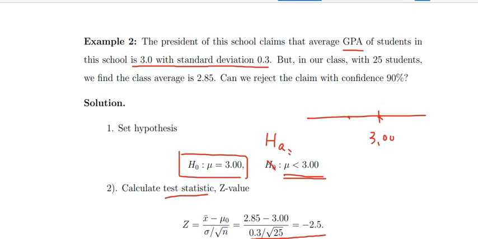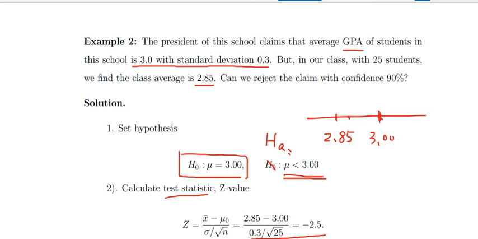We find our class average is only 2.85. Some people say the average for all people is 3.0, but in our class the average is just 2.85, right?